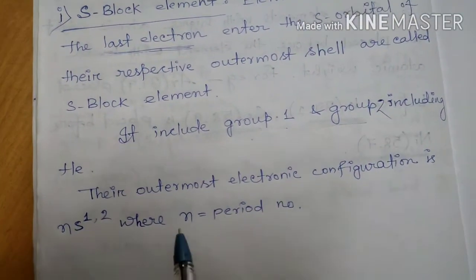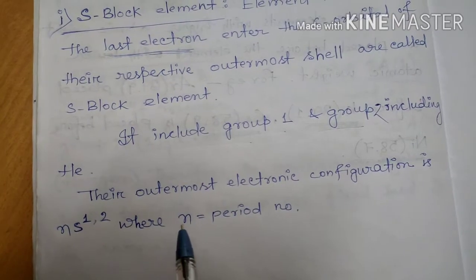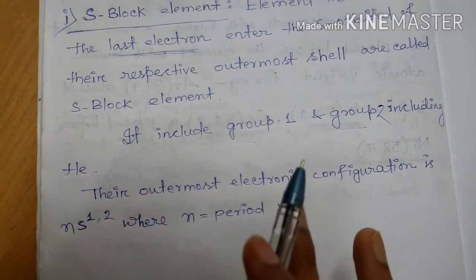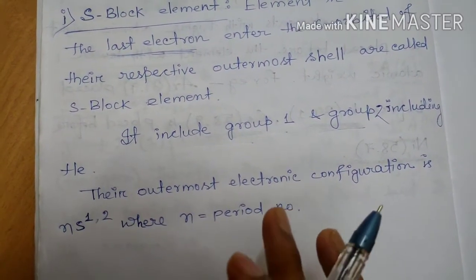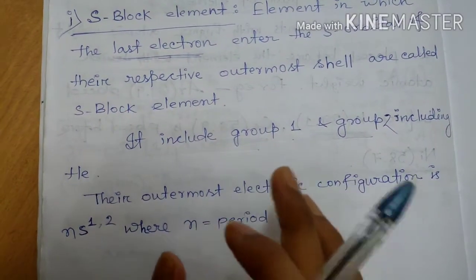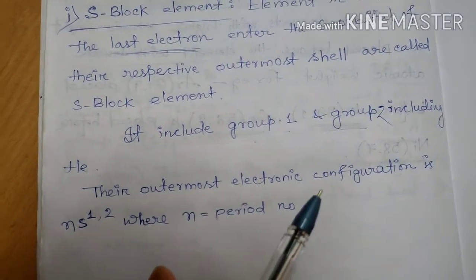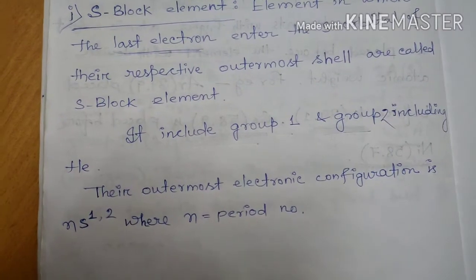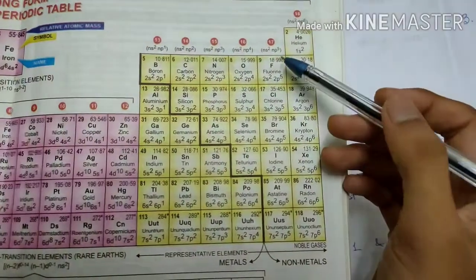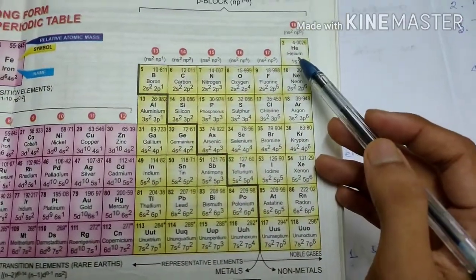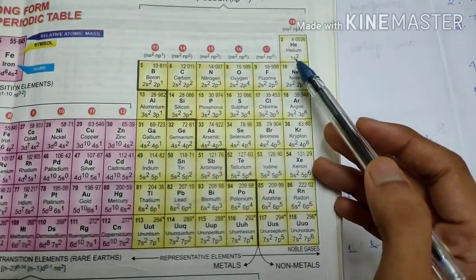Why is helium mentioned? Because in the periodic table helium is present in group number 18.